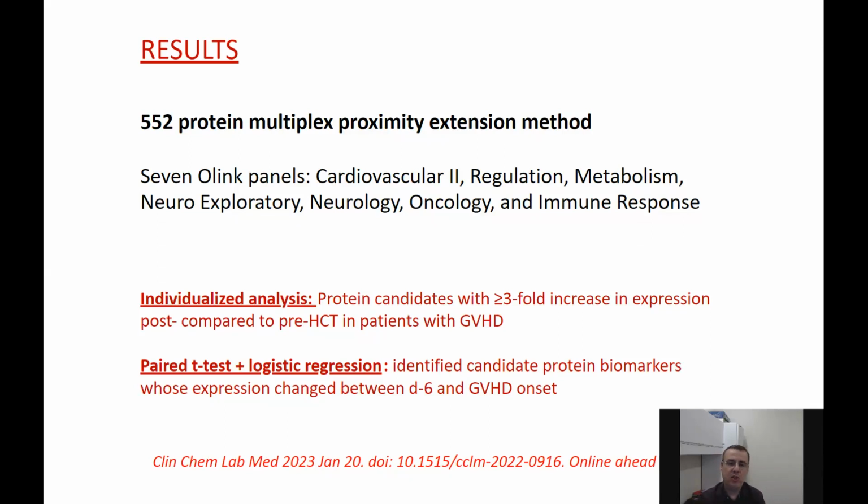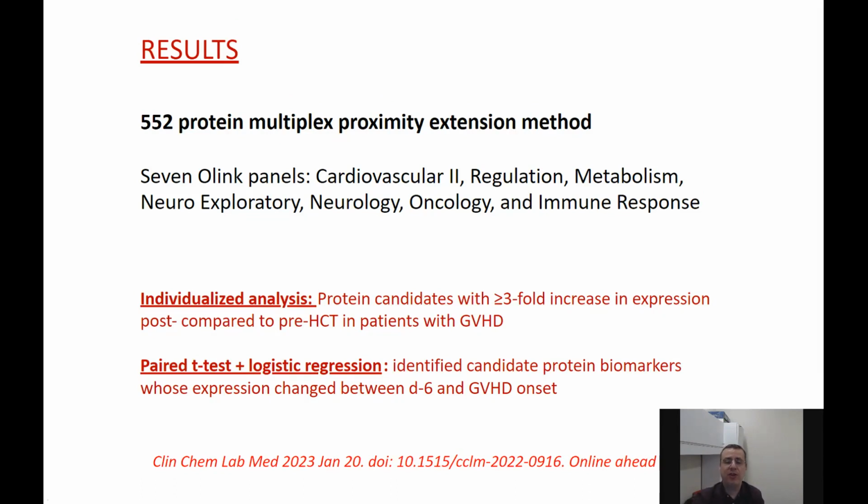So what we did was, using this more limited Olink panel, we performed analysis of samples at baseline and at the time point right before development of graft-versus-host disease in the GVHD cohort, and we compared them to the control cohort where samples were analyzed at baseline and at the last time point that a sample was collected.